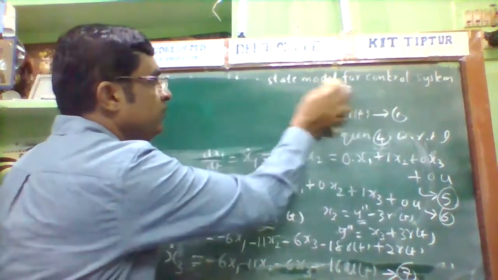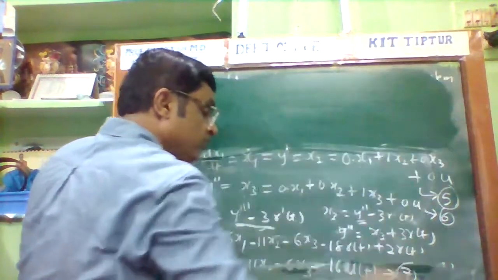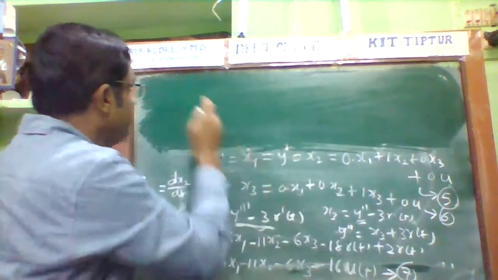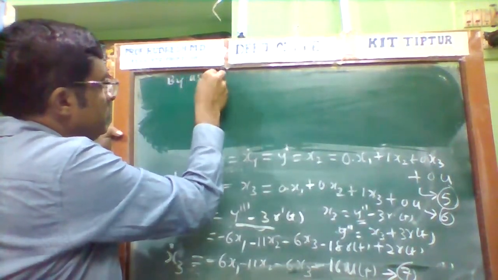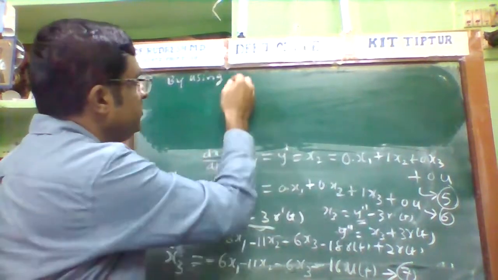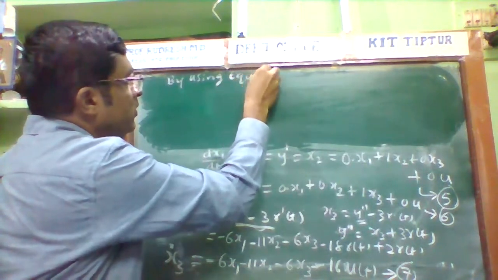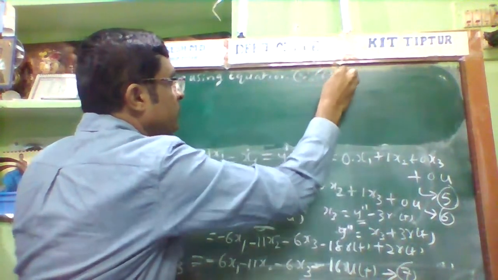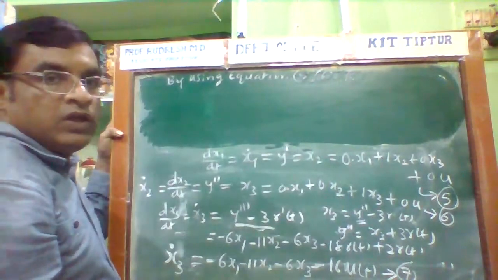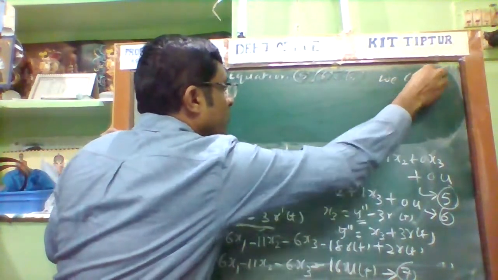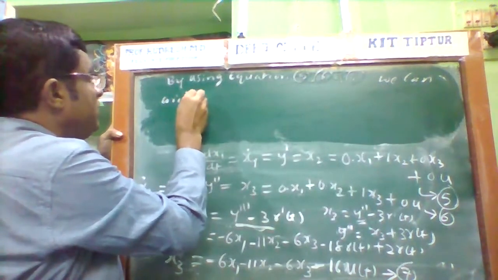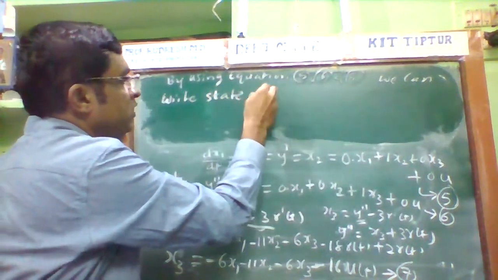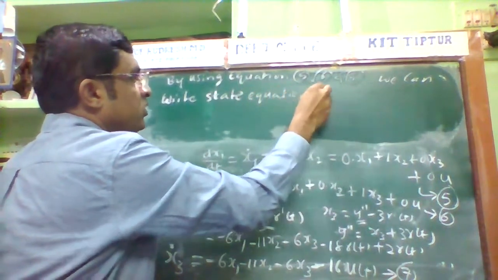By using equations 5, 6 and 7, we can write the state equation in matrix form.